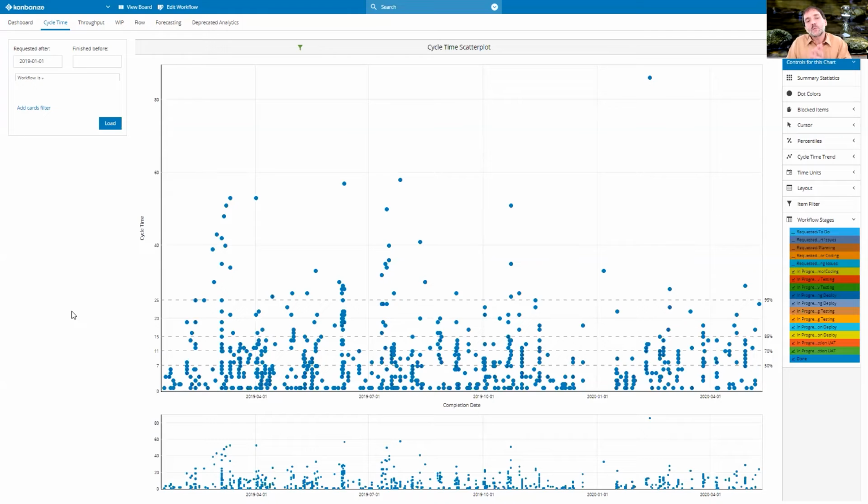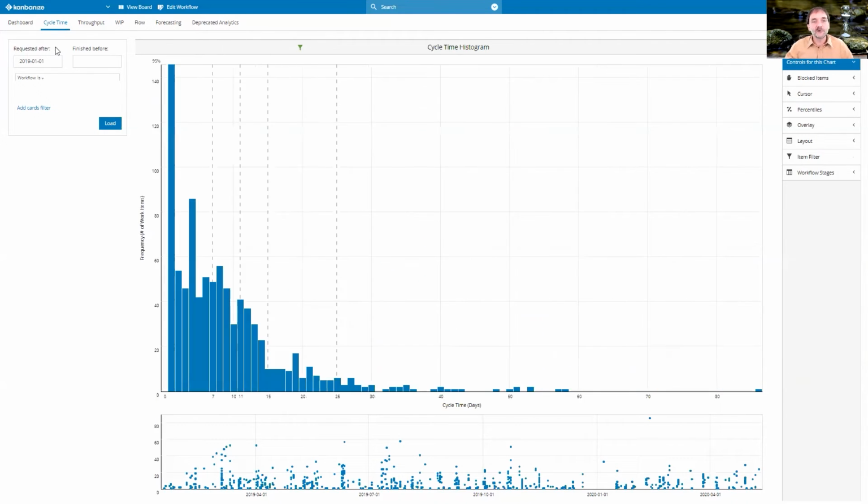And then there's one more type of graph that I want to look at, and that's the cycle time histogram. It is actually a cycle time scatter plot turned by 90 degrees and then shaken so that all dots fall down. If we look at this same histogram, we now have the cycle time, which was previously the y-axis, on the x-axis, and we've got the frequency of work items on this side.